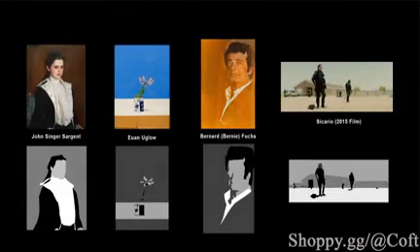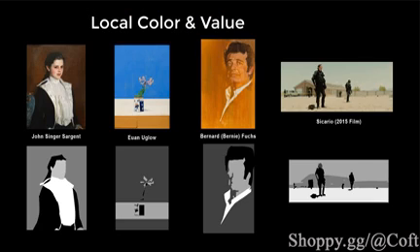Next up, let's take a look back at the studies we did from the second set. Now, in order to properly separate the contrasting values in these compositions, we noticed we had to resort to using more than two values. Now, the reason for that is that the highest amount of differences in the contrast was in the local color or value of each object or parts of a given subject.